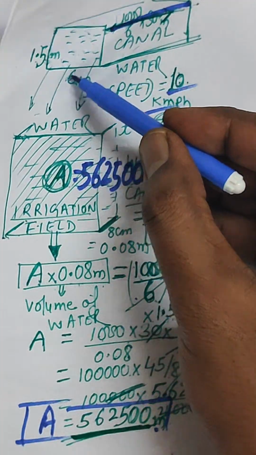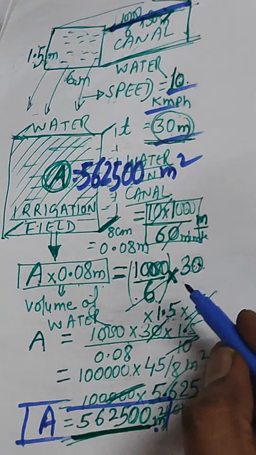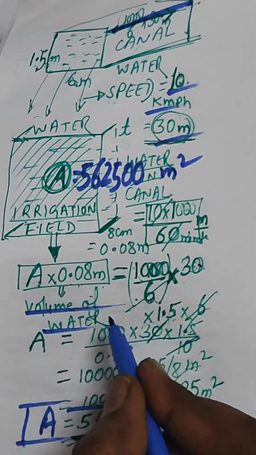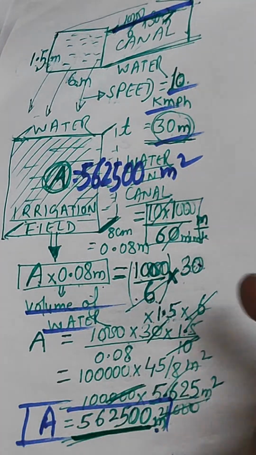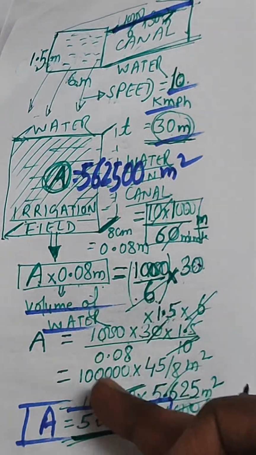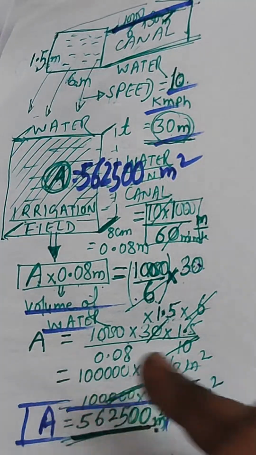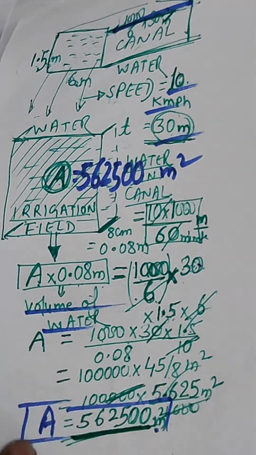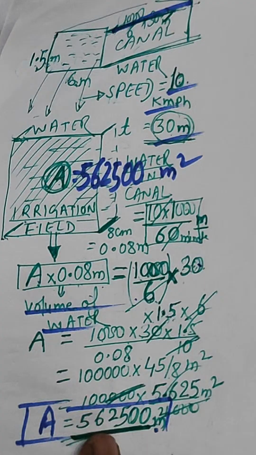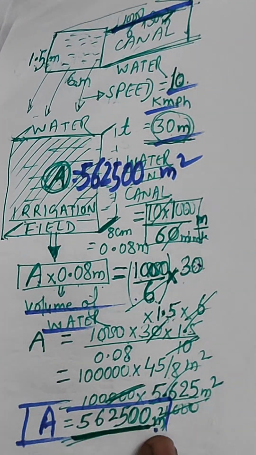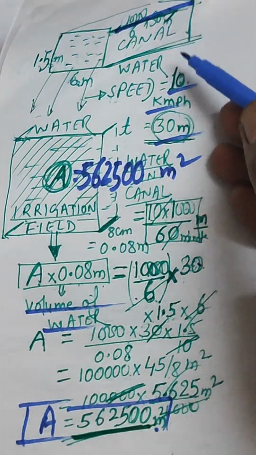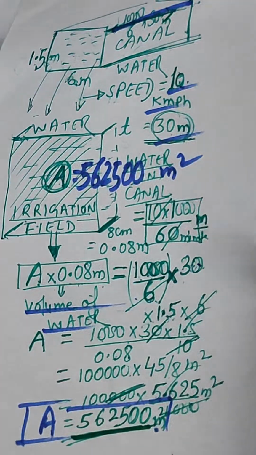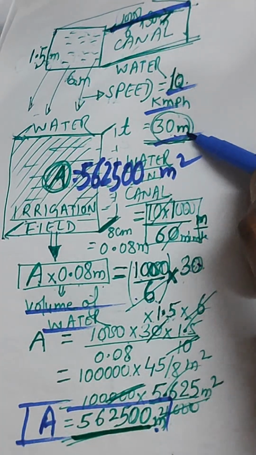LB is already known to us. So LB into H. We just equated the volume of water in the field with the volume of water in the canal. So when you equated it, you get the value of A, that is area. And the area which will be irrigated is 562,500 meter square when the water flows through the canal at a speed of 10 km per hour for 30 minutes, right students?